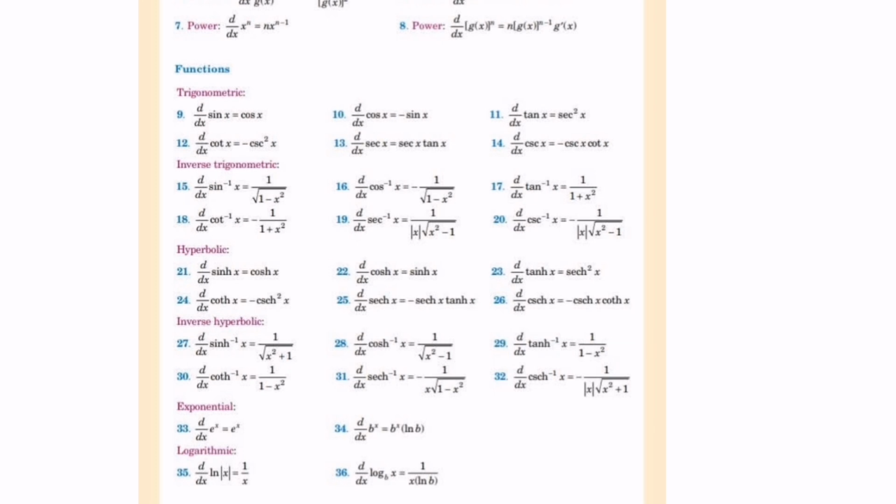Now derivative of exponential and logarithmic functions. Derivative of natural log x is equal to 1 over x.